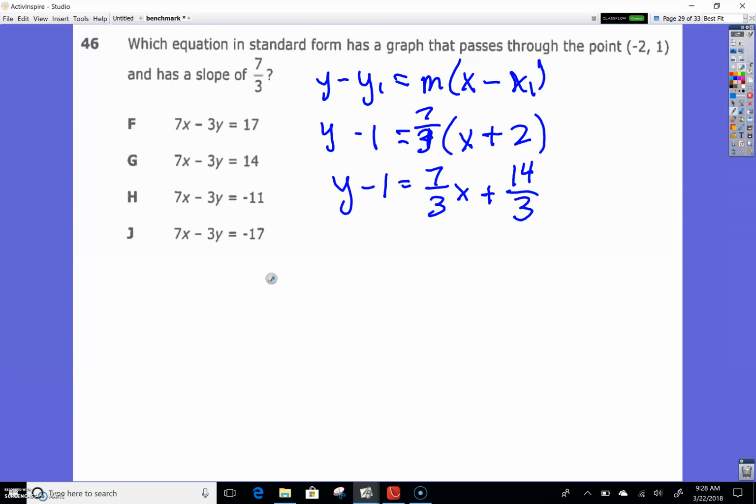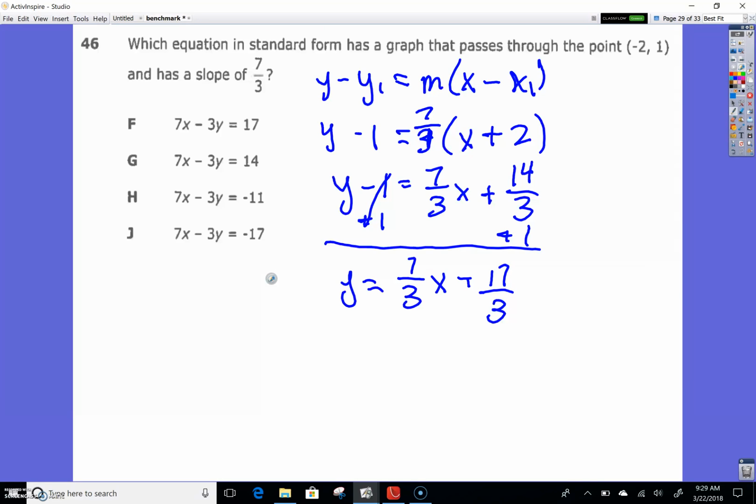Remember, to do this, I pass this over here. So I add 1 plus 1, and this cancels. Y equals 7 over 3 x plus 17 over 3.